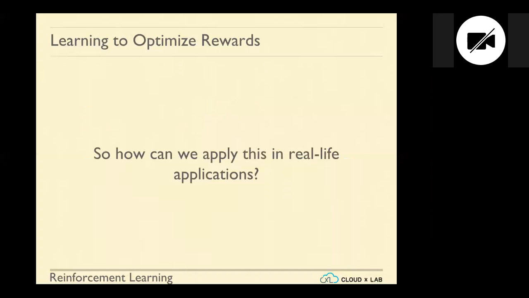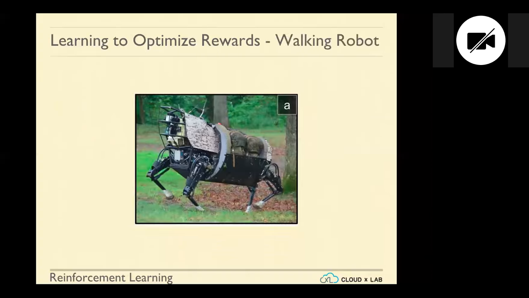So how can we apply this in real life applications? Say, for example, a walking robot. A walking robot takes countermeasures as it walks. For example, there could be a robot which is trying to balance itself on two wheels. As it starts falling forward, it'll move forward. If it starts falling backward, it'll move backward, and that's how it would balance itself.